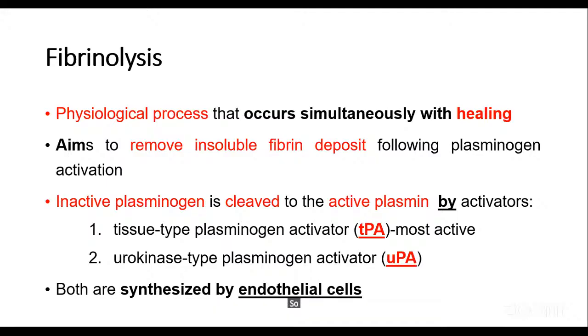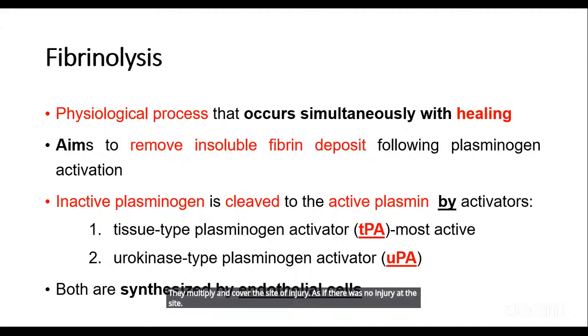So as the tissues, the cells surrounding the site of injury, undergo mitosis, they multiply and cover the site of injury as if there was no injury at the site. So fibrinolysis is the next step.